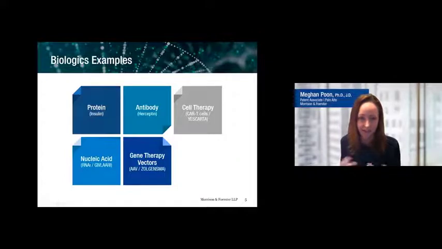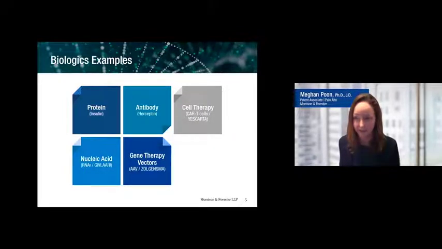So just to get you thinking about different types of biologics and provide some examples of biologics that have been previously approved, I believe the first approved biologic was the protein insulin, which I think was approved sometime in the 1980s. Antibodies are another good example of biologics, which I think were first approved in the 1990s.